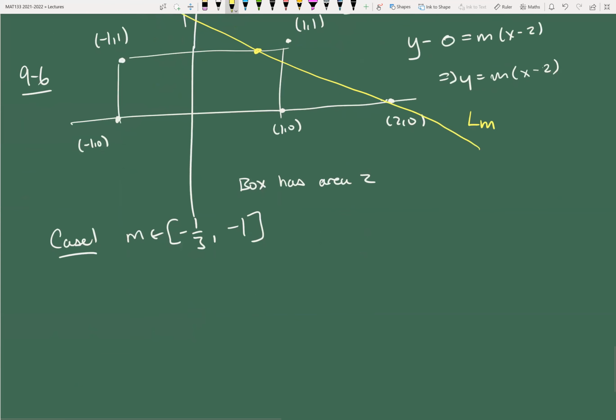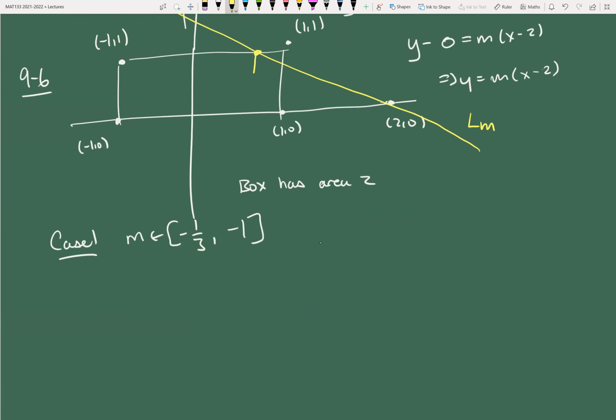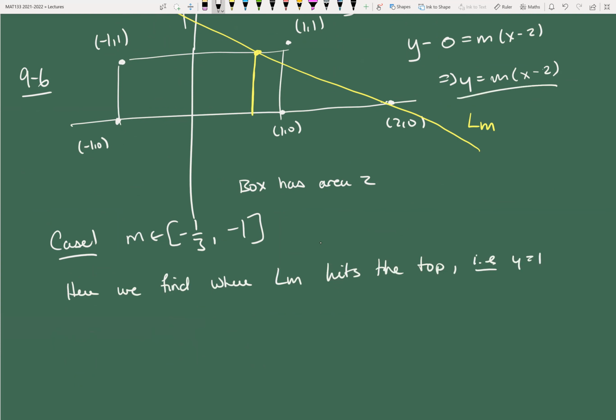So in this case, wherever it hits the top of the box, what we're asking for is when is y equal to 1? So here we find where LM hits the top, i.e. y is equal to 1. So we've got our equation here.